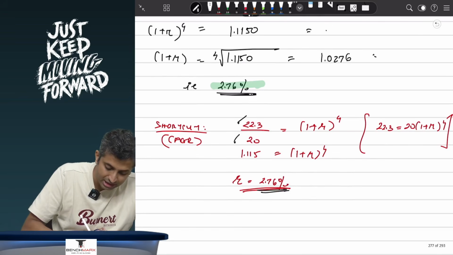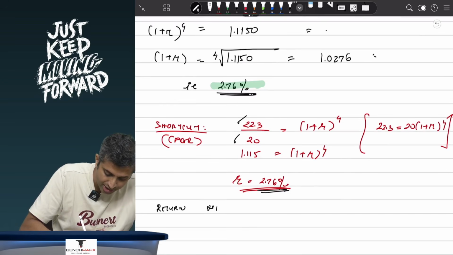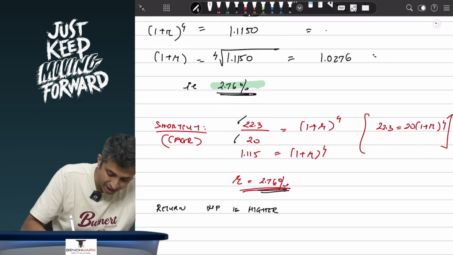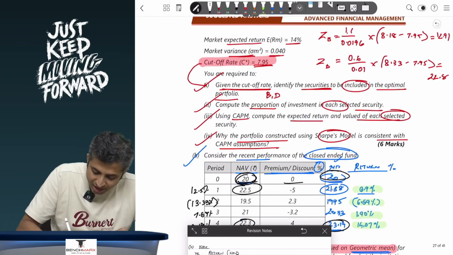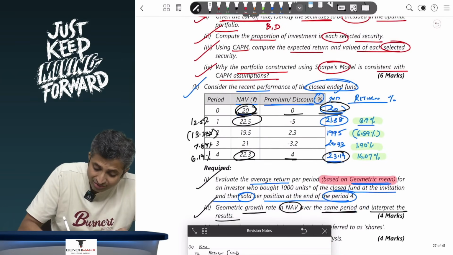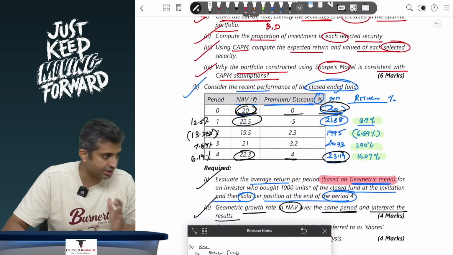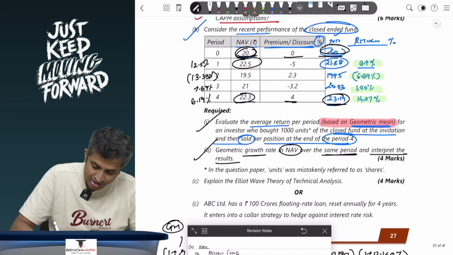Now, as you can see, the return under the market price is higher than the return under the NAV, because over here at the end your market price is at a premium. You started with market price and NAV being the same, but at the end the market price comes at a premium, and hence, if they had asked you to interpret the results, yes.